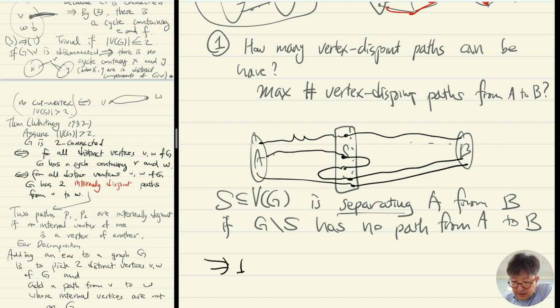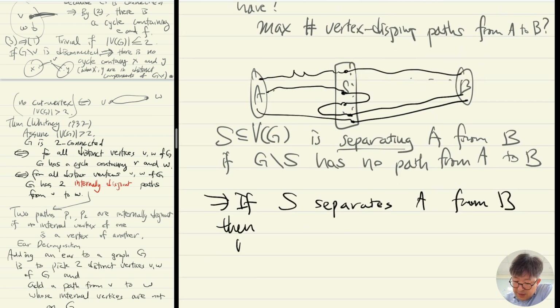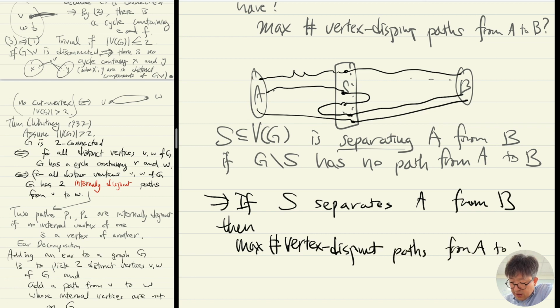So that means if S separates A from B, then any collection of vertex disjoint paths from A to B has to have size at most the size of S, right?